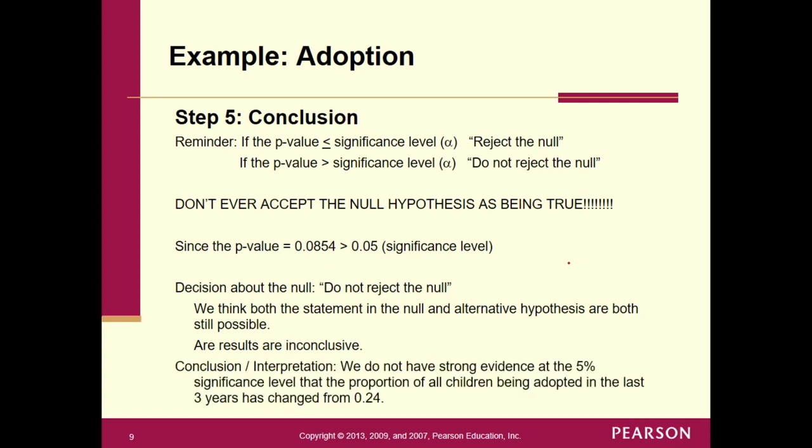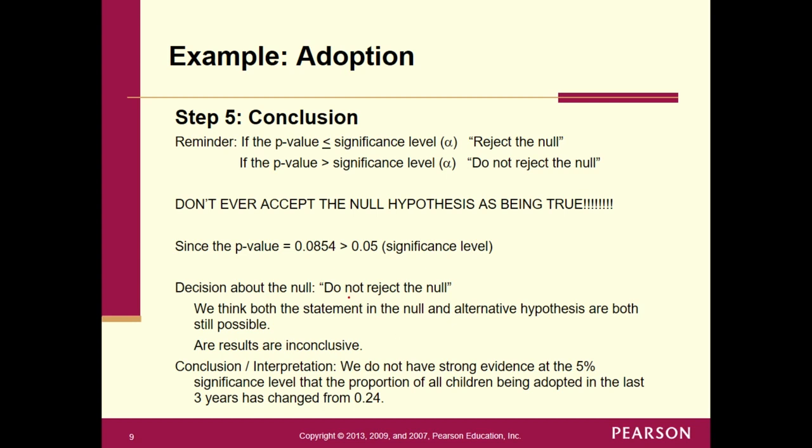And so our final conclusion is going to be something like this. Notice the subtle difference here. We're still going to say something about the researcher's hypothesis, which is the alternative. Before, we said we did have strong evidence; all we're going to change now is to say do not.